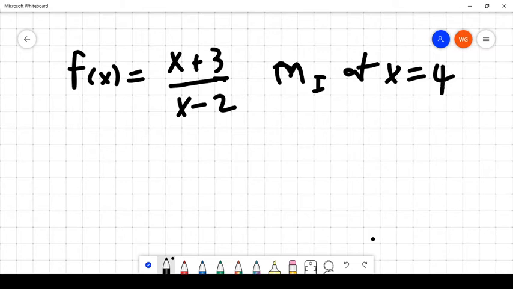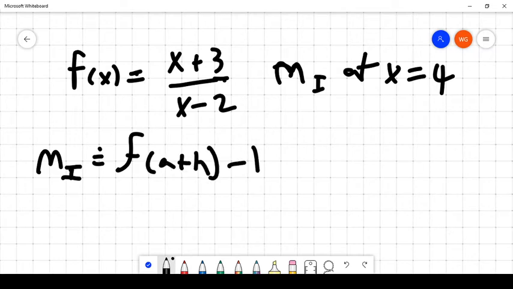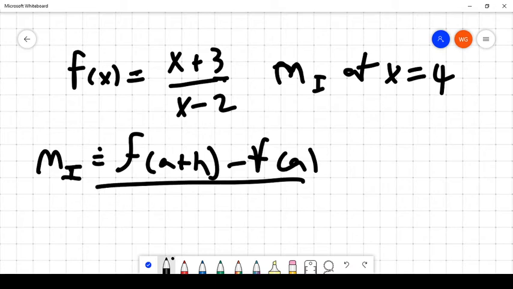So since we're being asked to find the instantaneous rate of change at a point, I would suggest that we use the formula for the estimate of instantaneous rate of change, which will equal f of a plus h minus f of a all over h, and the approximate comes in because we're going to say h is equal to 0.001, okay? So we're going to have h being a small number, but we're approximating it to a small value.